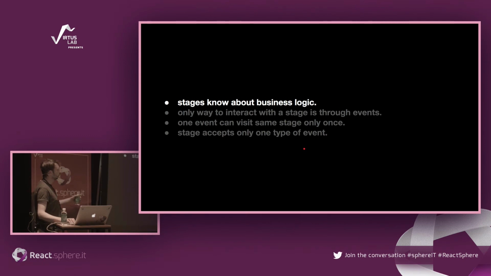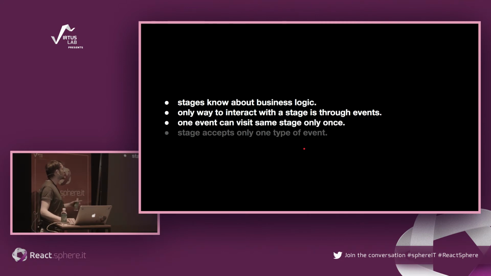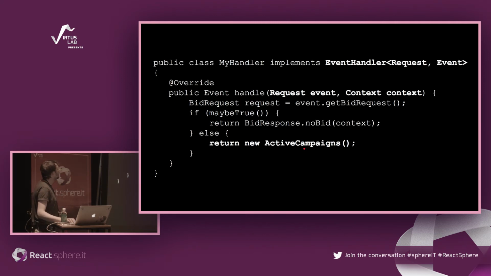Stages know about business logic, so stages are a simple unit of business logic. The only way to interact is by events. One event can visit the same stage only once. Again, this is a simple rule to make the application even simpler. And a stage accepts an event only once, so you cannot create any loops.